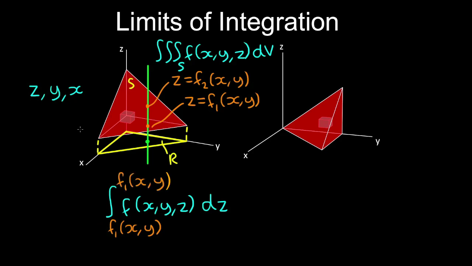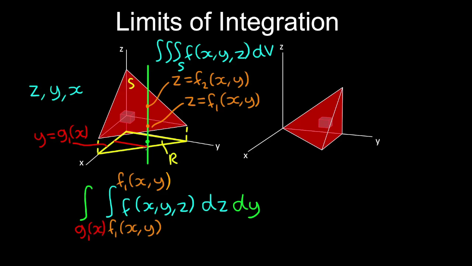And next we integrate over y. We draw a line that's parallel to the y-axis. In this case, our lower bounding curve is a function of x, so y is g1 of x. That's our lower limit of integration.